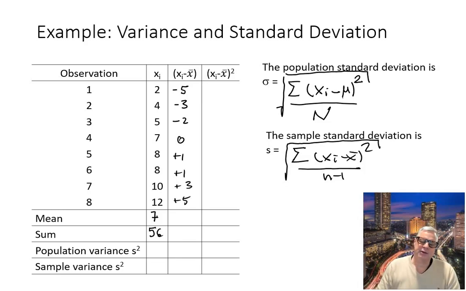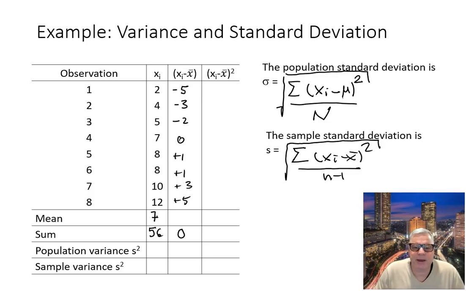Again, those deviations from the mean sum up to 0. Let's double check: negative 5, negative 8, negative 10, negative 10, then 9, 8, 5, negative 5, plus 5, 0. So this sum will be 0, and that's why we have to square it.